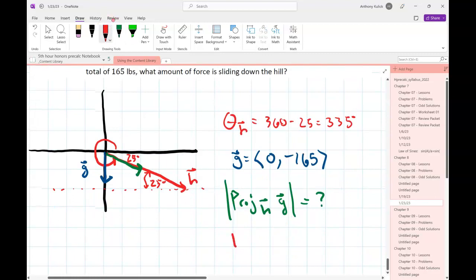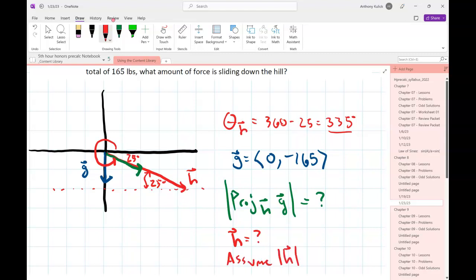But the question is, what is H? What's that vector H going to be? I know its direction, 335, but I wasn't told anything about its magnitude. What are we going to do? Well, we talked about that.